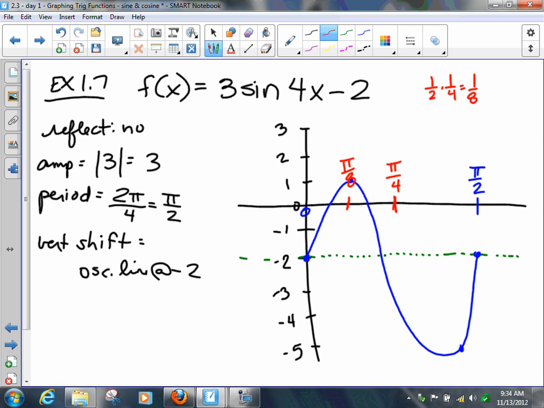And then think: 1/8, 2/8, 3/8, 4/8. So my 3/4 of the way across is going to be 3 pi over 8, because 4 pi over 8 is equal to pi over 2, isn't it? How many of you had this correct? Every piece of it correct. Very good.